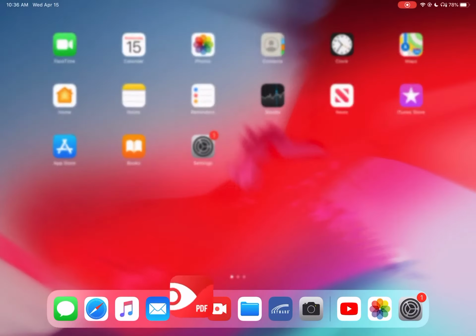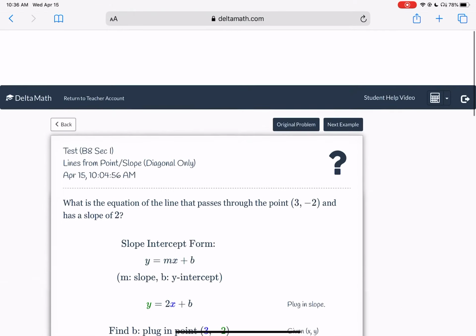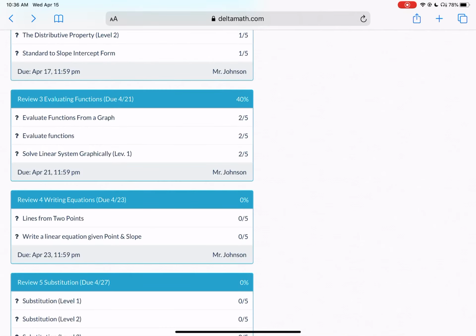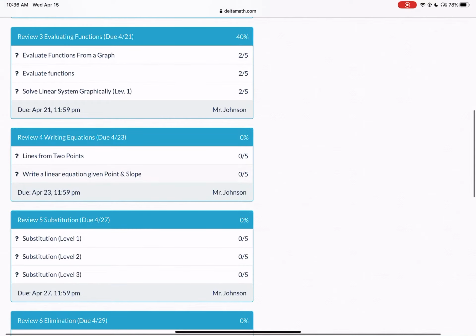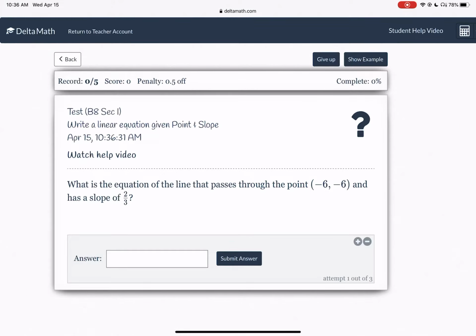So let's go check. One more example. The point is (-6, -6), and the slope is 2/3.